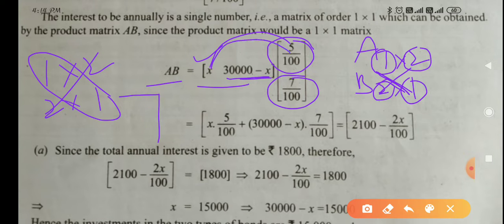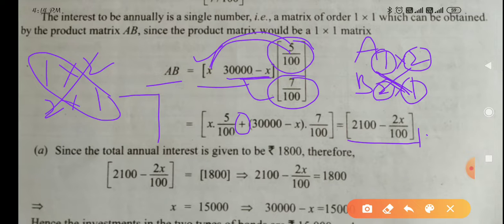The first element with the first element, the second element with the second element will be multiplied, and a plus sign will come in between. So X multiplied by 5 upon 100 plus 30,000 minus X multiplied by 7 upon 100. So finally, after simplification, you are getting 2100 minus 2x upon 100.